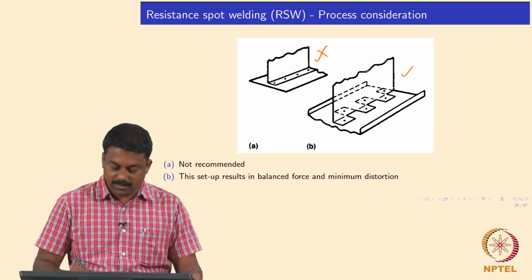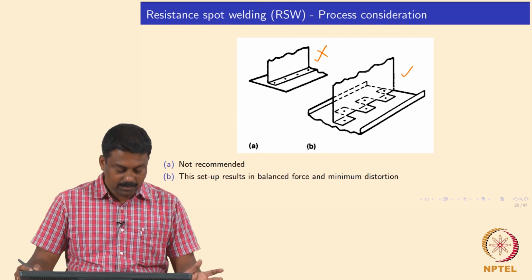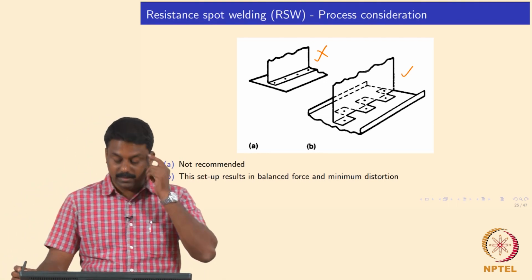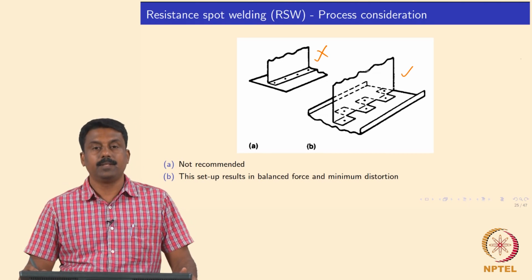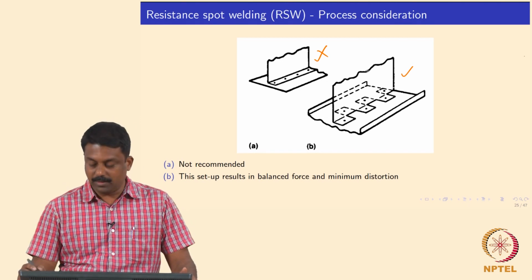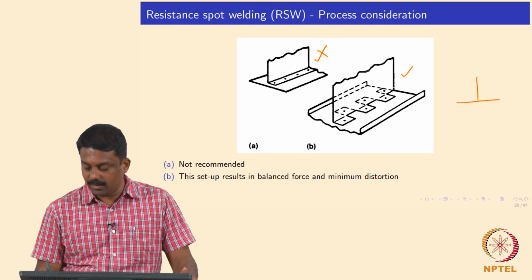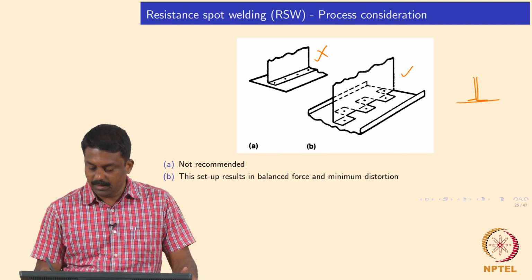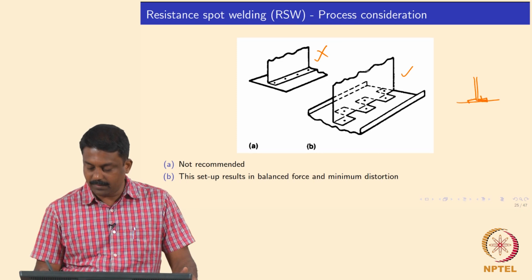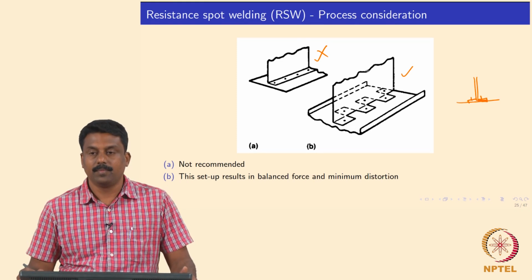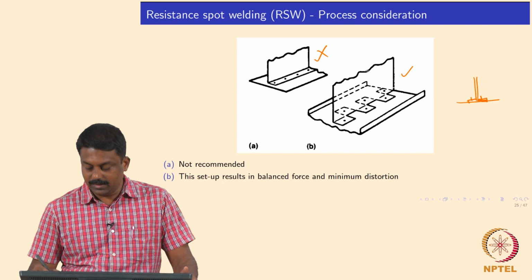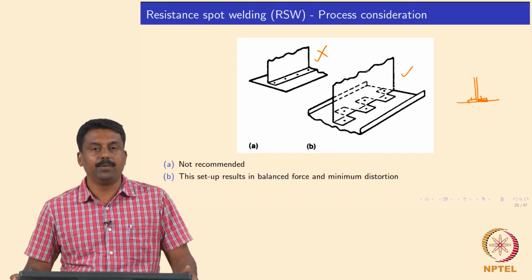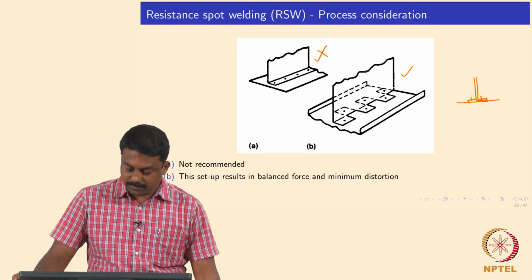This zigzag spot weld would result in balanced force and minimal distortion. It's obvious. So it's not advisable to weld in this configuration, and it is always good to weld in this configuration. This gives the balanced force as well as minimum distortion.